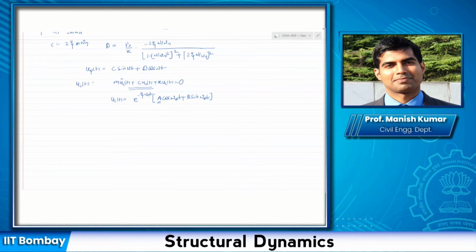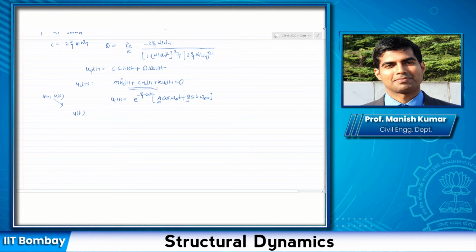Because how do we get A and B? After I obtain my total solution U of t, only then can I substitute u0 and u dot 0 to obtain the value of these unknown coefficients. And these would be different here because there is a forced vibration term here as well. So it won't be the same as the free vibration coefficients. So I'm writing down the generalized solution for this homogeneous second order linear differential equation.